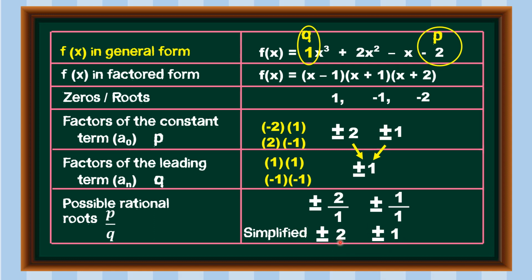Pwedeng positive 2, negative 2, positive 1, negative 1. But, since ang ating given equation ay x cube, so ang degree natin ay 3, ibig sabihin, tatlo lang ang kailangan nating factors. So, tatlo lang sa apat na to. Yung isa dyan, hindi factor. Okay? So, ano yung tatlong yon? Ulitin ko, x minus 1, x plus 1, tsaka x plus 2 na galing dito sa possible rational roots.